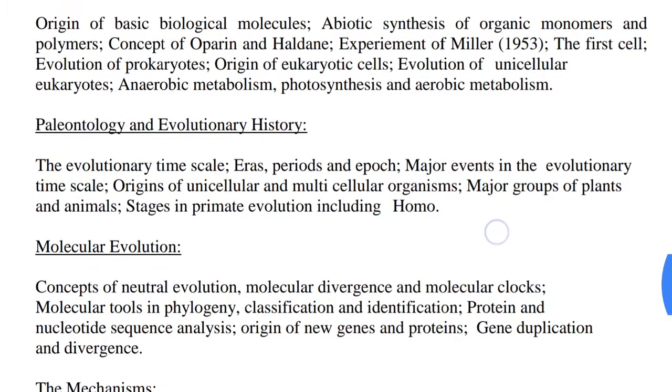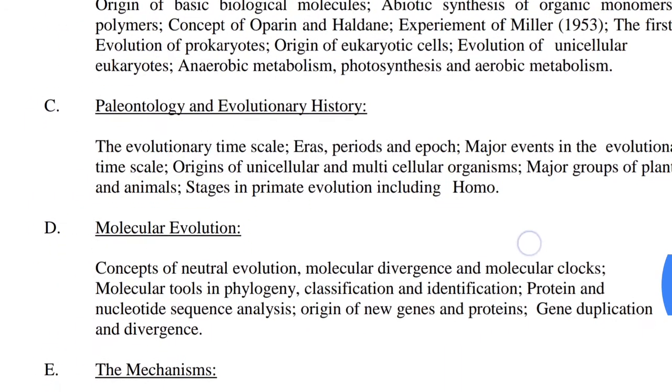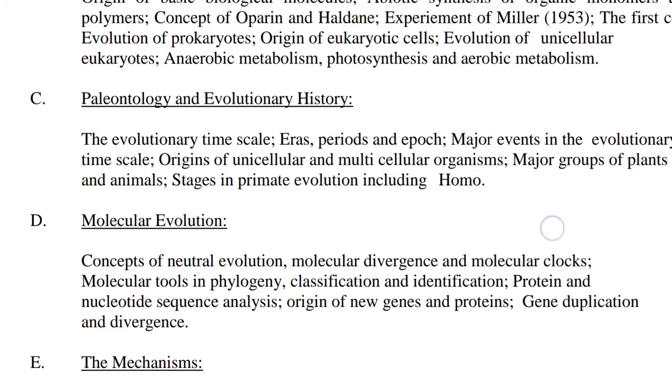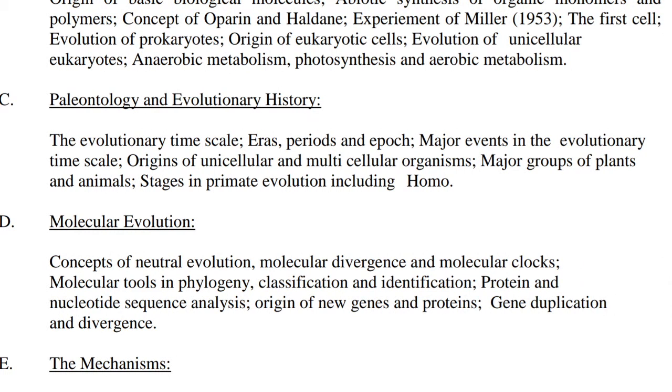Then come to section C, which includes paleontology and evolutionary history, in which you will have to read about the evolutionary time scale. You are again very familiar with this, which includes eras, periods and epochs and major events in the evolutionary time scale.